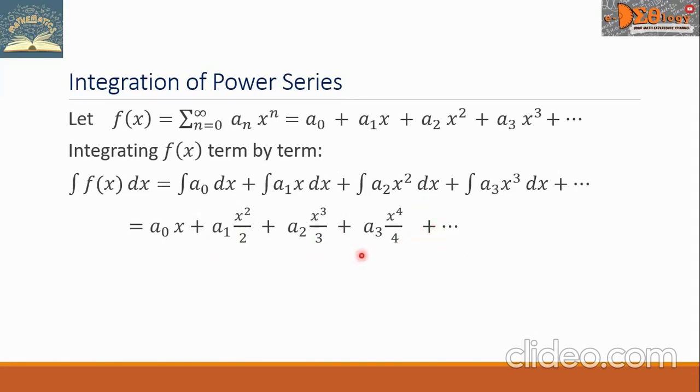With this new series, we can write this in sigma notation: summation from n equals 0 up to infinity of a sub n times the fraction with numerator x raised to n plus 1 all over n plus 1, and then plus c.